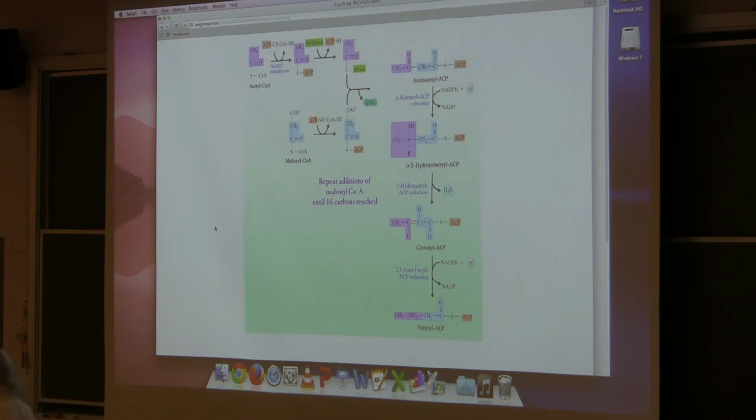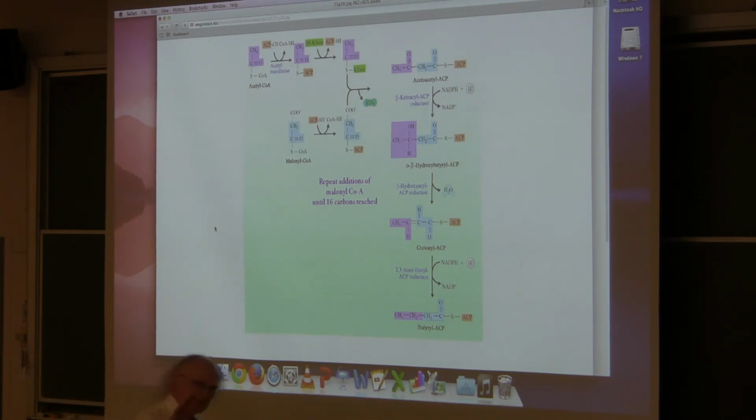In the process of synthesizing a fatty acid, 2 of the carbons of malonyl-ACP will get added to a fatty acid chain that is even numbered. I'm going to repeat that.